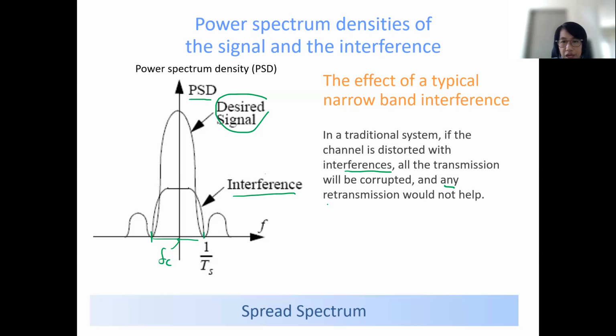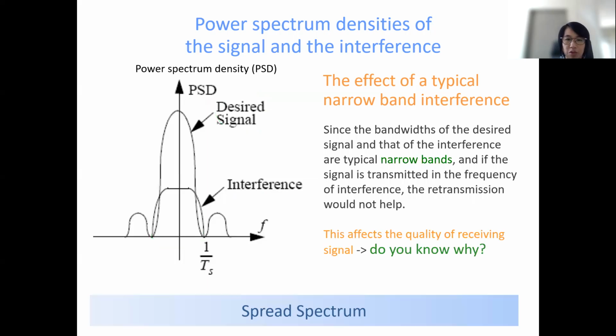Even if you do the retransmission, it still uses the same frequency, and the bandwidth is narrowband also. So you cannot escape from this situation, right? So what should we do?